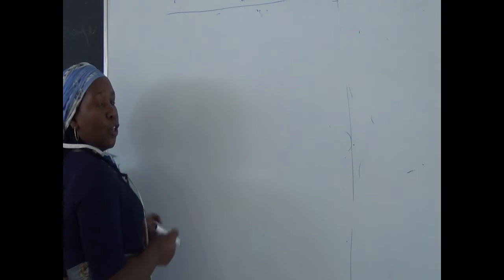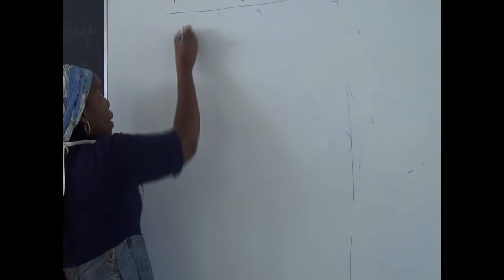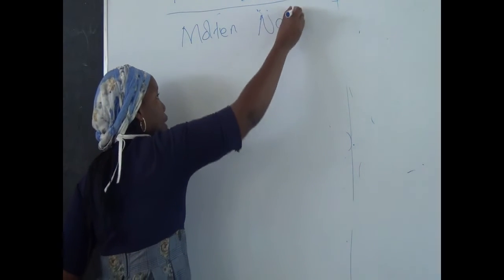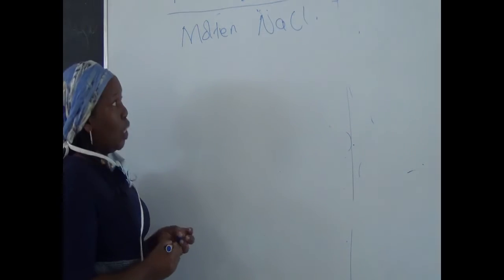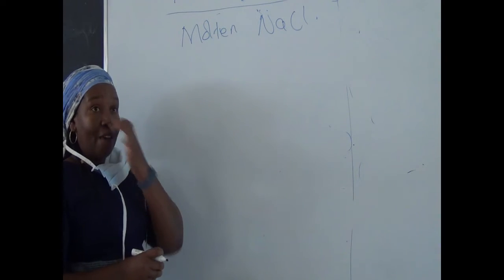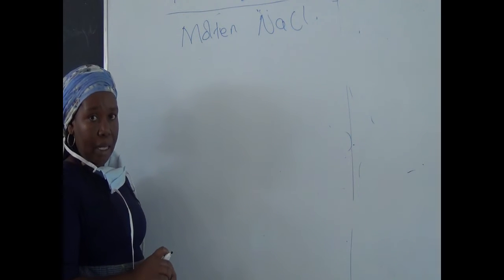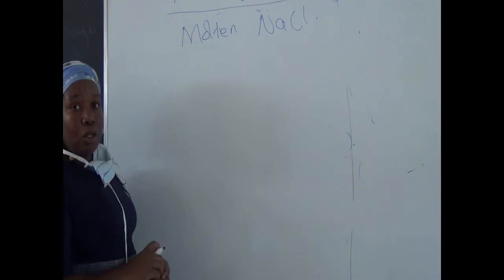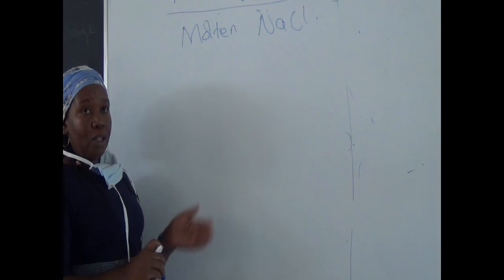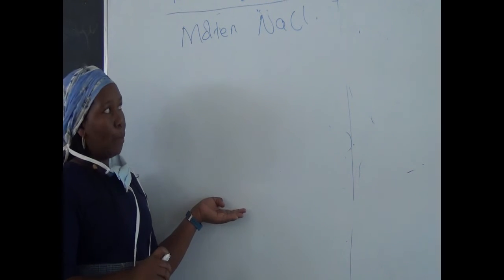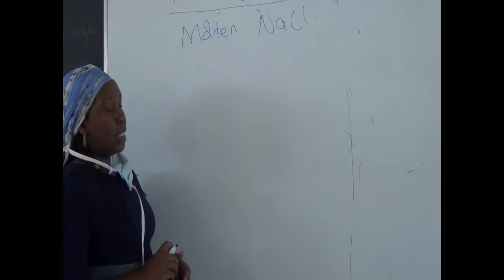So in the electrolysis of molten sodium chloride, we can write ionic half equations at the cathode and at the anode. We can refer to those to identify where oxidation is taking place and where reduction is taking place.